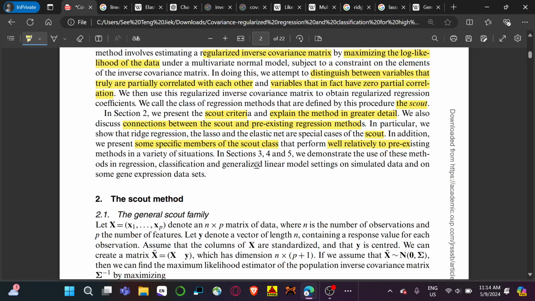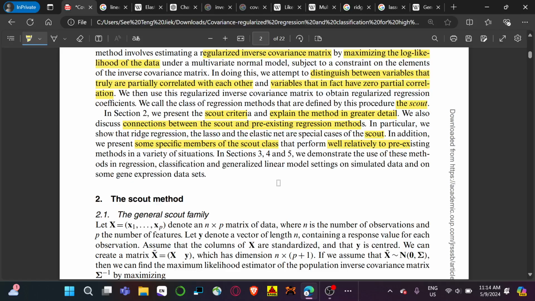But yeah, we shall see when we get to the results. So in sections 3, 4, 5, we demonstrate the use of these approaches in regression, classification, GLM settings on simulated and on some gene expression datasets.